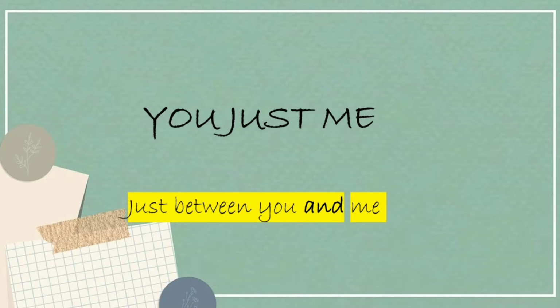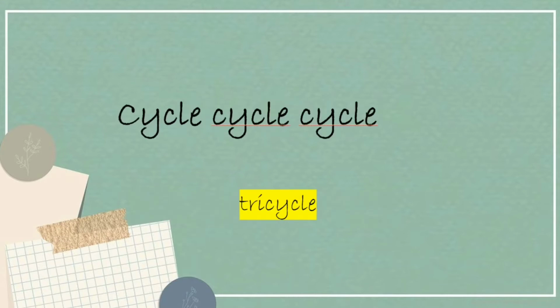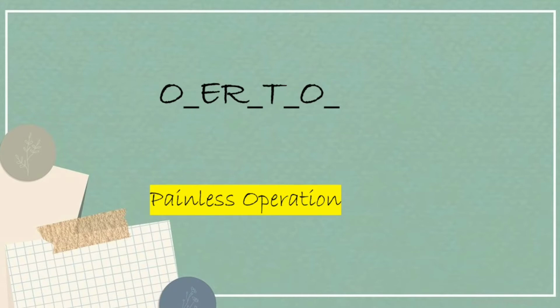So, from a syntactically and semantically incorrect set of words, we are able to give some meaning to it. And then we have another sample which says cycle, cycle, cycle, which simply means tricycle, since there are three cycles. Okay, next we have here painless operation.